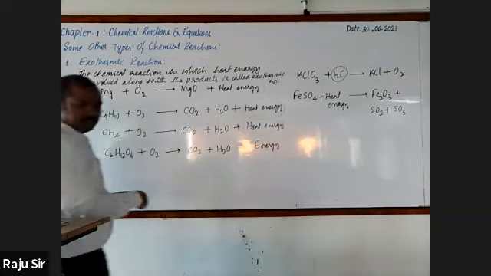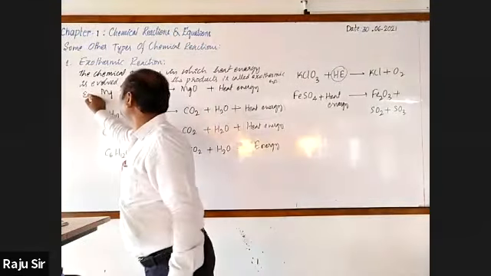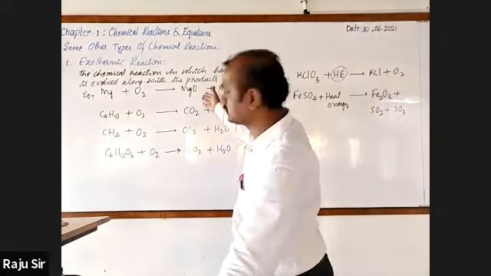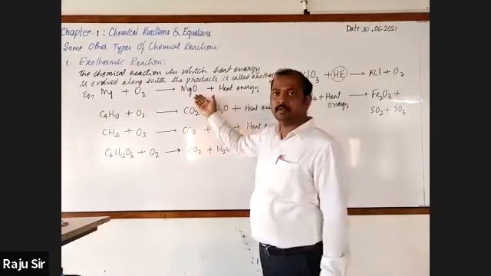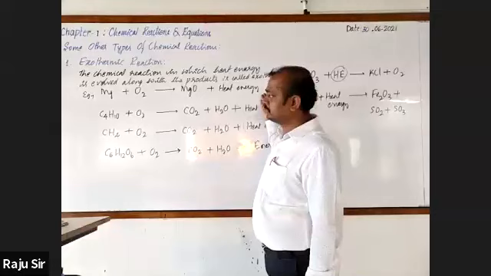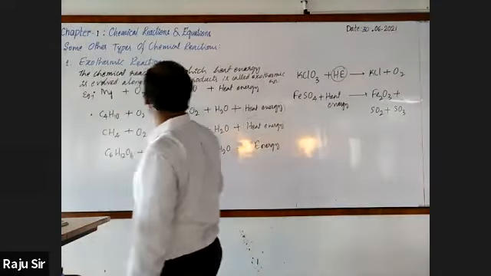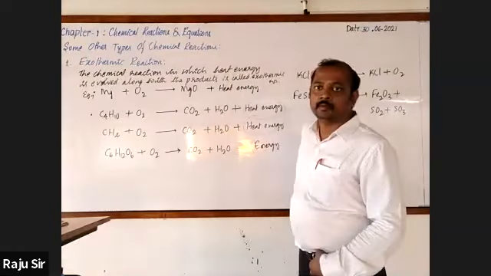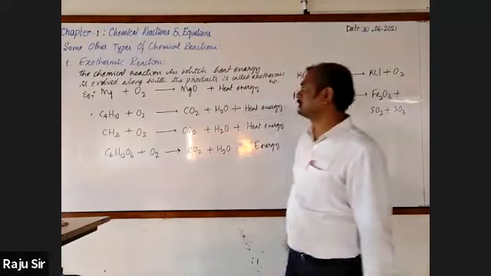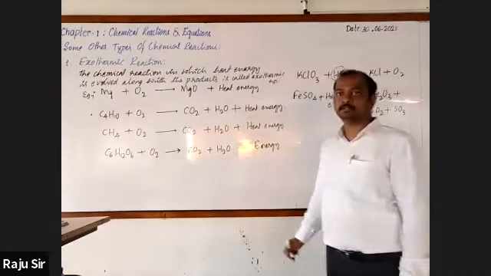And you may take these examples. Example: magnesium reacts with oxygen to produce magnesium oxide, then heat energy is formed. Second example: butane reacts with oxygen to produce carbon dioxide and water plus heat energy.